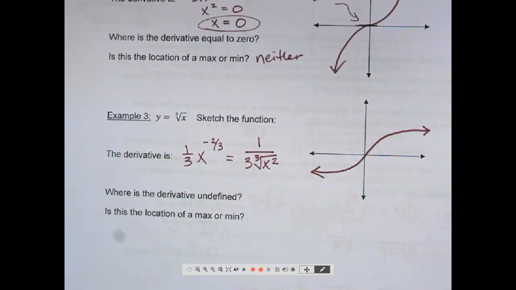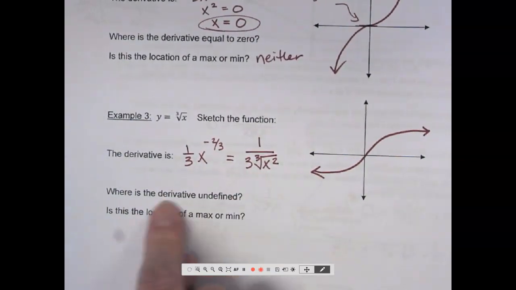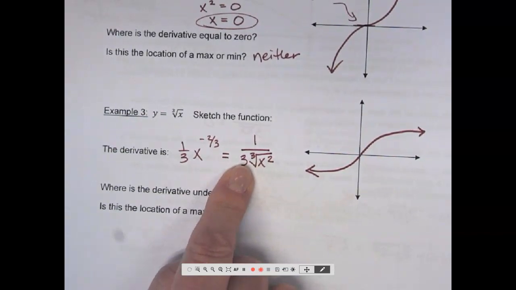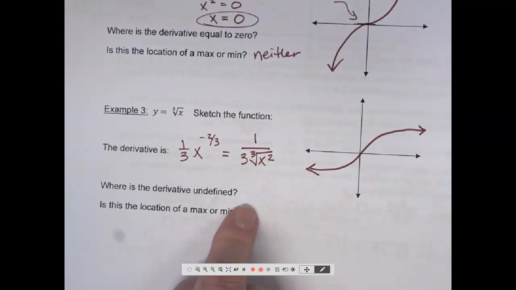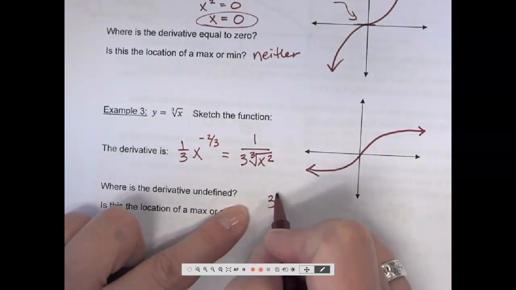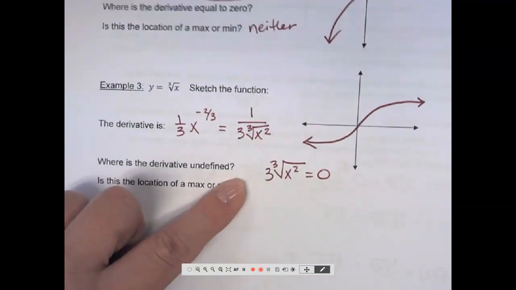Okay, so where is this 0? What makes a fraction 0? The numerator being 0. It's not going to ever be 0 because I don't have the variable up top to set equal to 0. But where is it undefined? Yes. Now I can take the denominator, set that equal to 0, very similar to one we just did a minute ago.